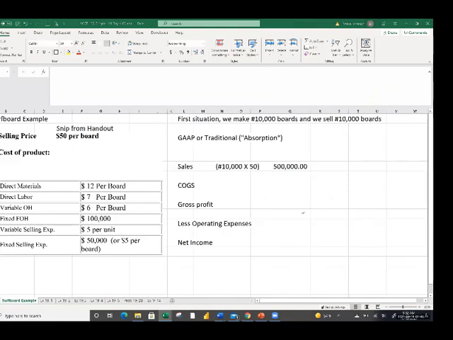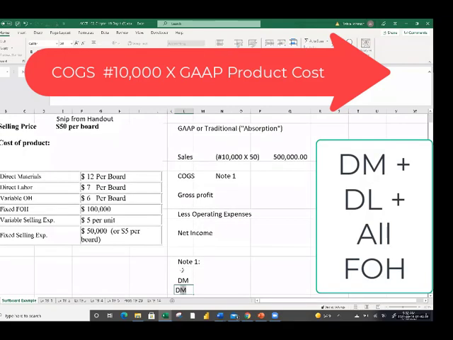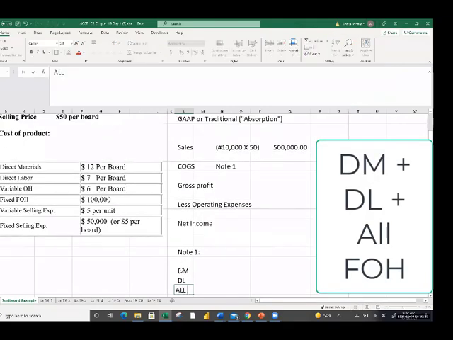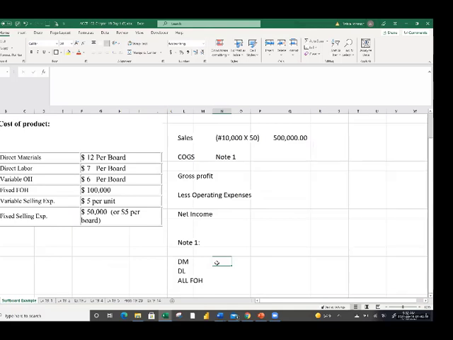Okay, cost of goods sold. We know what we're doing with cost of goods sold. I'm going to put note 1 down here. Traditional costing says that there are 3 product costs: direct materials, direct labor, and all factory overhead. That's what we've been doing all along. My goal is to get the traditional costing cost of goods sold up there.